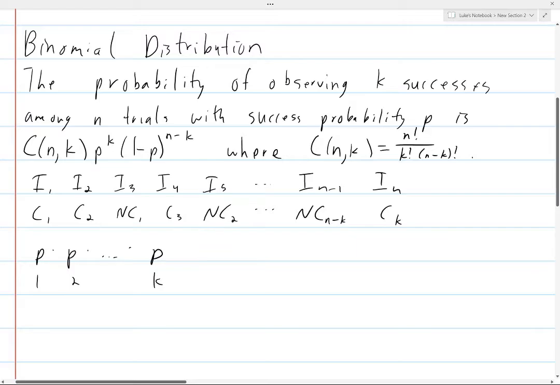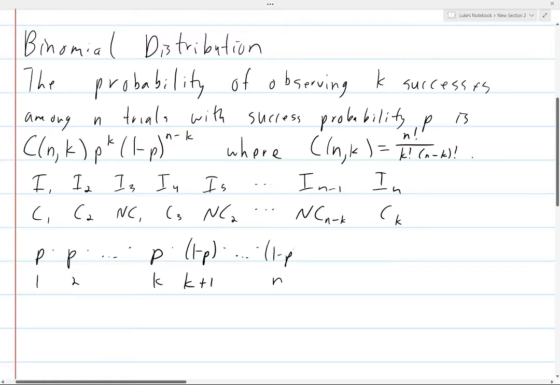The first k trials all succeeding has probability p multiplied by itself k times, so that's p to the k. Then for the remaining trials, from k plus 1 all the way up to the end, which is n, we're going to have a failure. If the probability of success is p, then the probability of failure is 1 minus p.